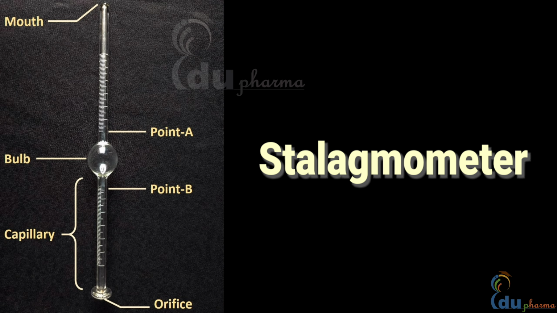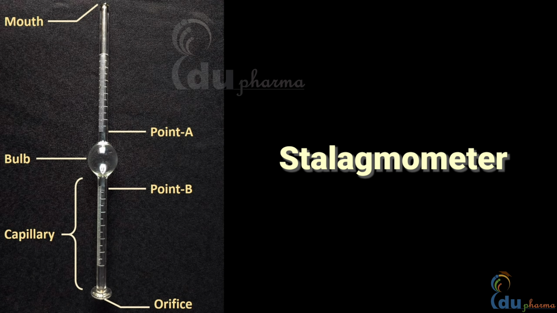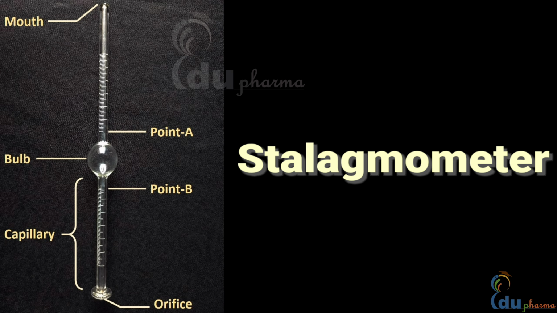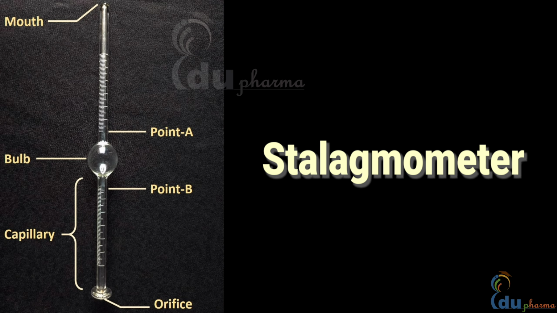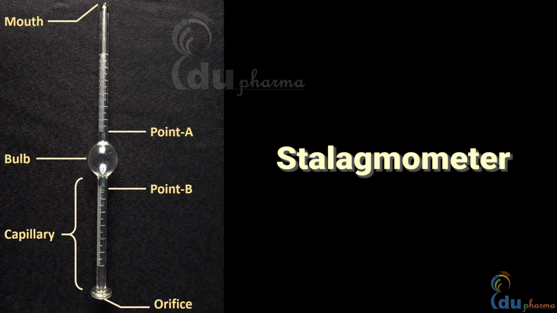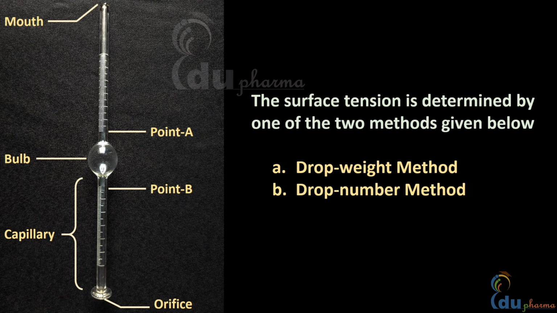The last line of the upper marking is considered as point A and the first line of the lower marking is considered as point B. An orifice is there at the lower end of the capillary from where a drop is formed. In the drop formation method, surface tension can be determined by one of two methods. The first is the drop weight method and the second is the drop number method.